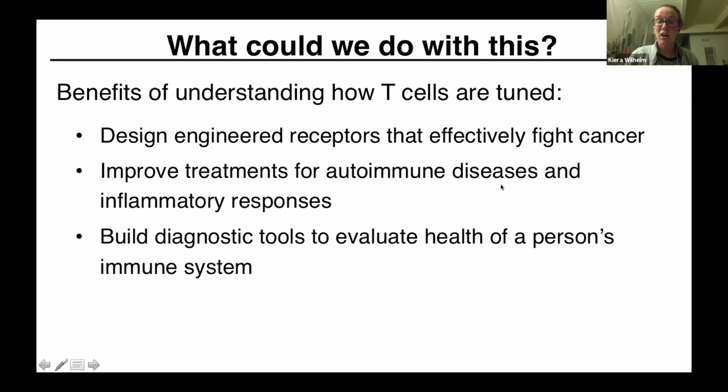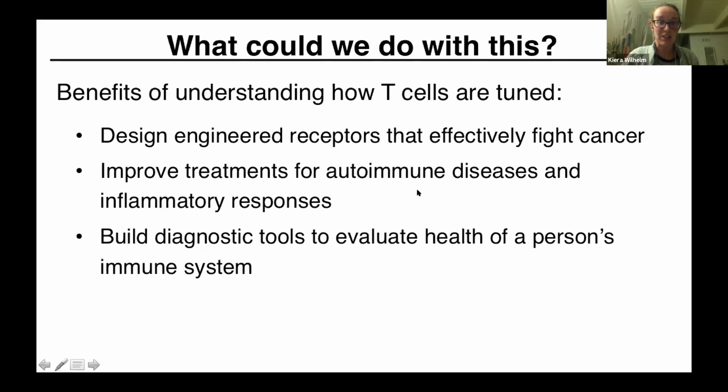Autoimmune diseases and inflammatory responses often arise when the T cell is too sensitive to self molecules and starts attacking our own protein fragments as if they're foreign. And this leads to inflammatory responses and really can degrade the functioning of our systems.